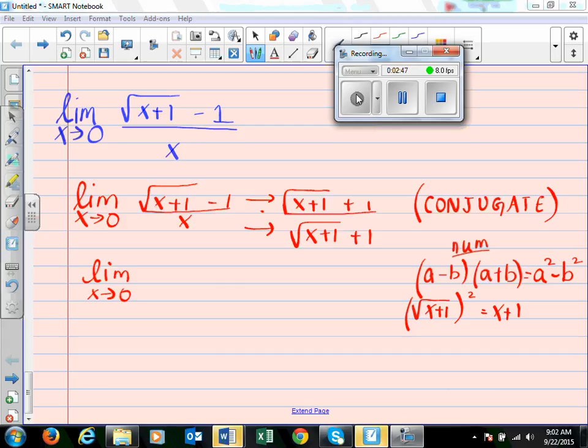So when I apply this, this step is going to be square root of x plus 1, so a squared minus b squared, divided by x times, so this will be square root of x plus 1 plus 1. So this is one term, and there's that other one.